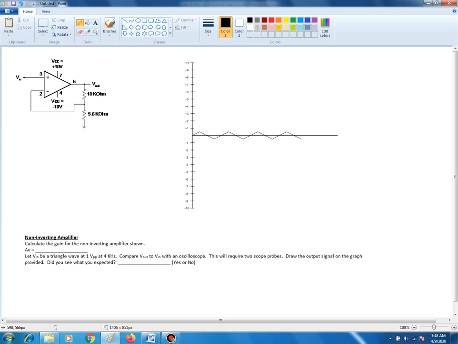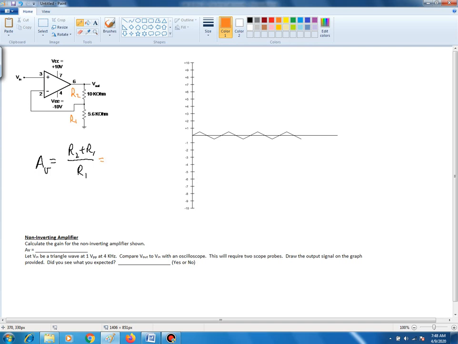For this non-inverting amplifier, one of the things that we should figure out is what is the gain of the amplifier? Well, for a non-inverting amplifier, your voltage gain is equal to R2 plus R1 over R1, with this resistor connected to ground being R1 and this other resistor being R2.